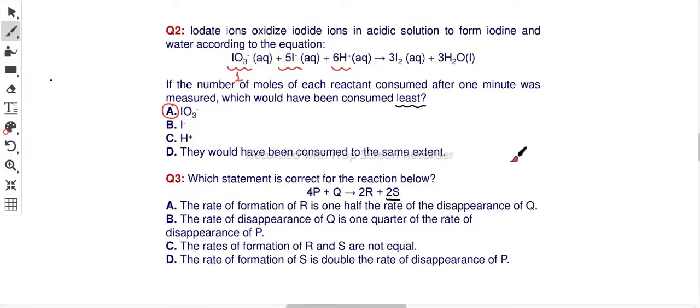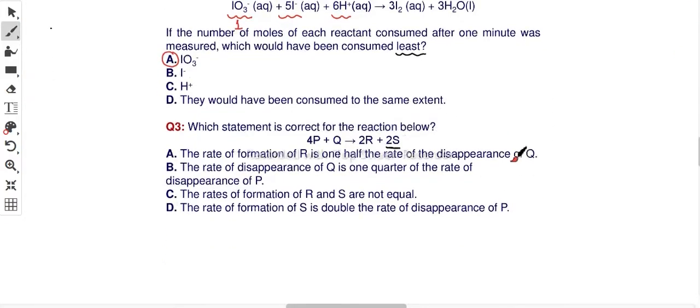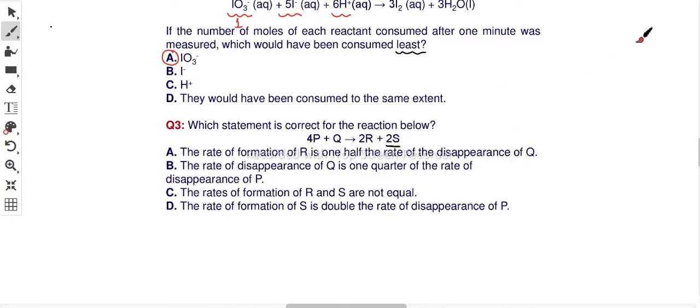Continuing with question number 3, which statement is correct for the reaction of 4P plus Q to form 2R plus 2S? A, the rate of formation of R is 1/2 the rate of disappearance of Q. So here I'm comparing my R to the Q. Looking at the R, I'm going to find that I have 2 moles.